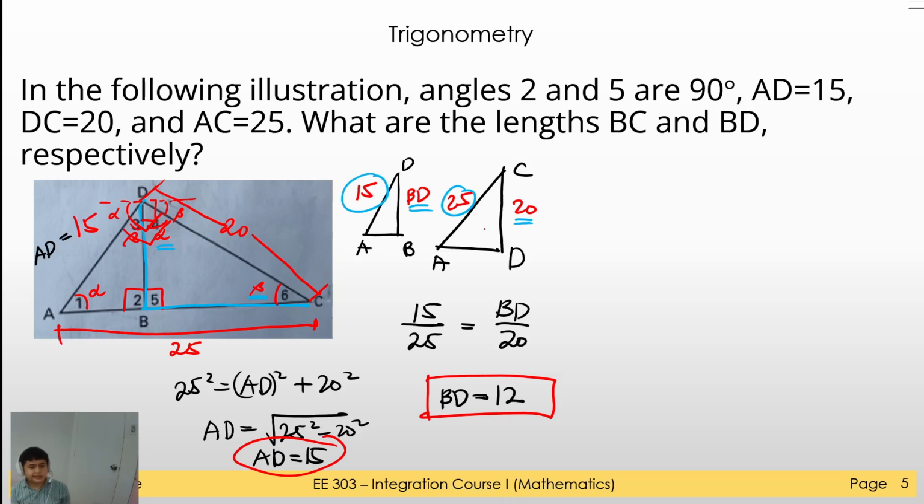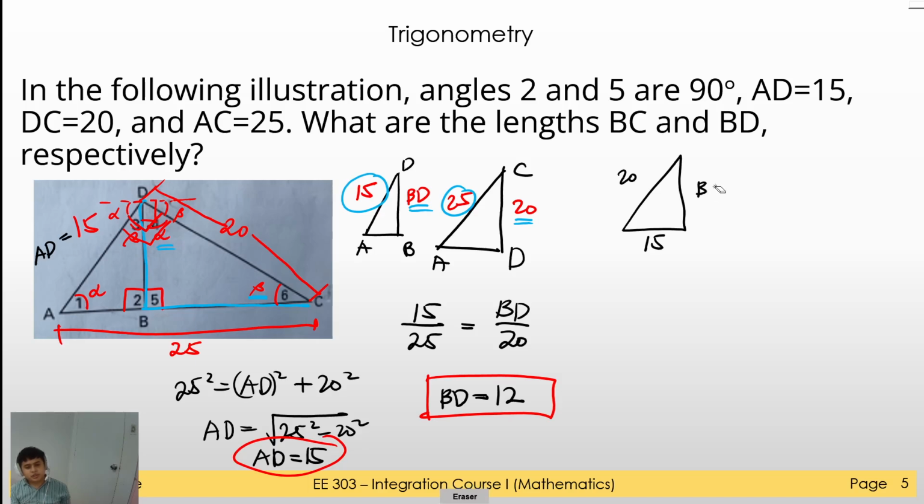And then for calculating BC, BC is this length here. Since we calculated this side as 12, you can imagine this triangle here has a hypotenuse of 20 and a leg of 12.